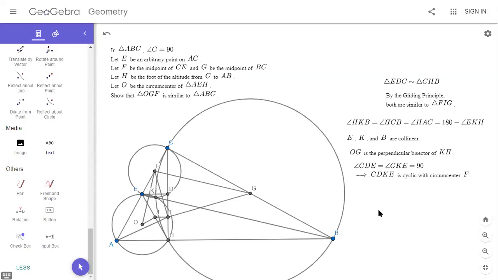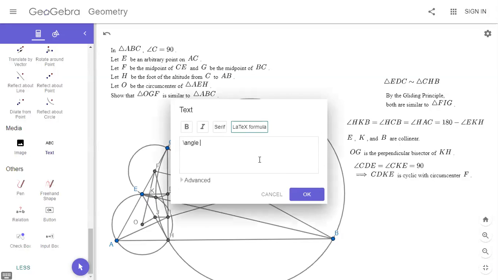I wonder if we could do an angle chase to show that angle HKD is 90 degrees. So HKD, it's like 360 minus EKH minus EKD. And that is, yeah, okay, no, we got this. Okay, it's just an angle chase. So, it's just angles.